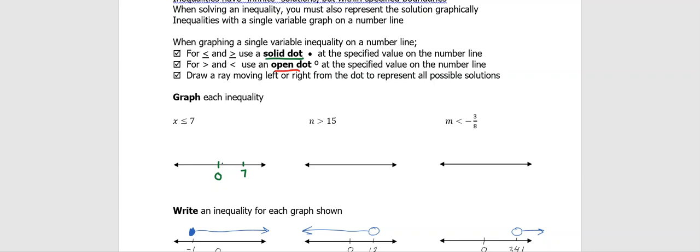Notice I'm not asking you to mark all of those additional tick marks counting your way up to 7. All I care about is that you mark 0 as a point of reference. You mark the value that is in your inequality as a boundary, 7 to the right being positive. And now you mark the appropriate type of dot. Because it's less than or equal to, you will mark a closed dot.